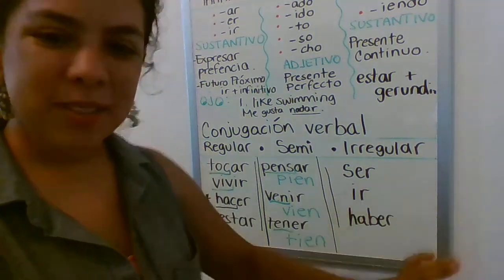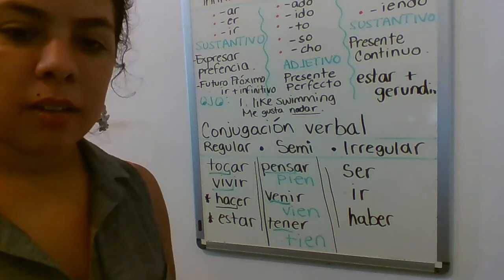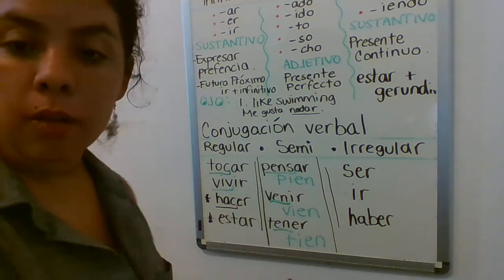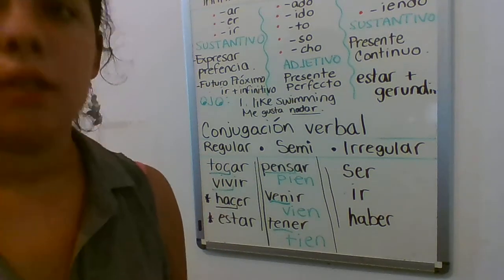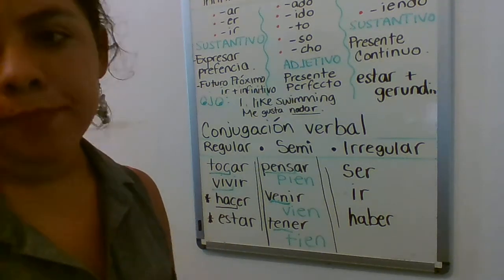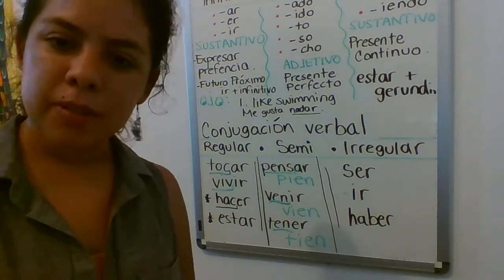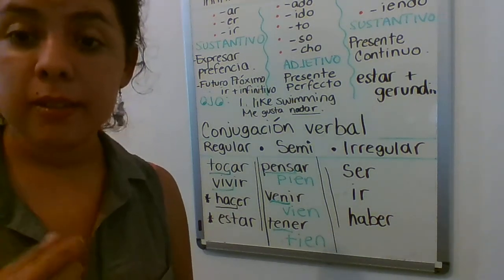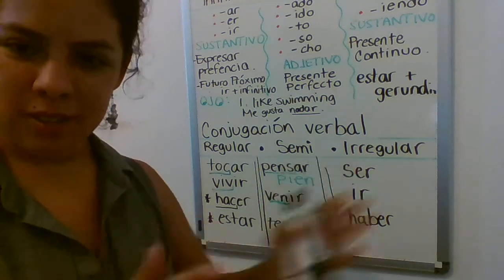So they don't fit in any rule. So when you have very regular verbs, like tocar, play an instrument, it means that these verbs appeared after the rules already existed. So that's why they follow the rules in such a good manner.